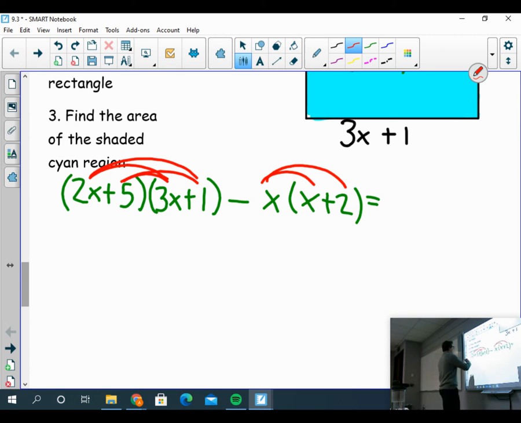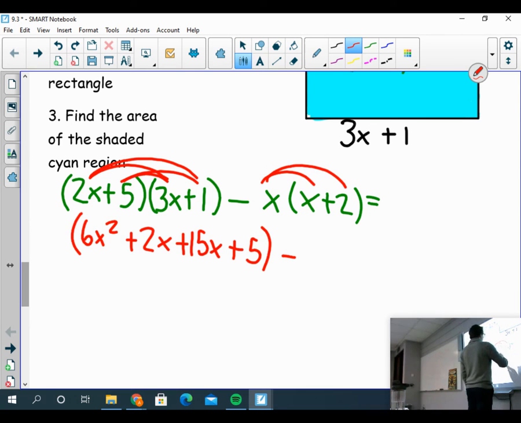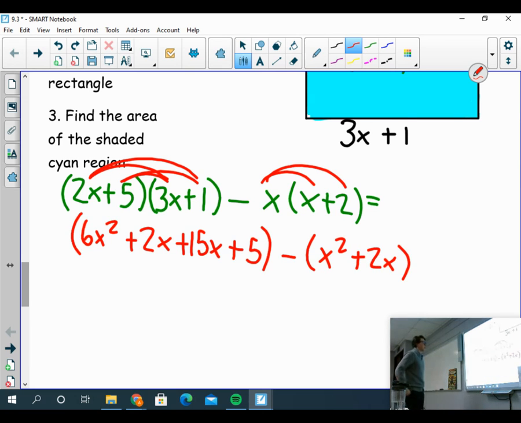Well, if I multiply out my first binomial, I'm going to get 6x squared plus 2x plus 15x plus 5, minus (x squared plus 2x). Area of the big rectangle minus area of the small rectangle. Now, why did I throw those in parentheses? Because we want to keep included the whole area.